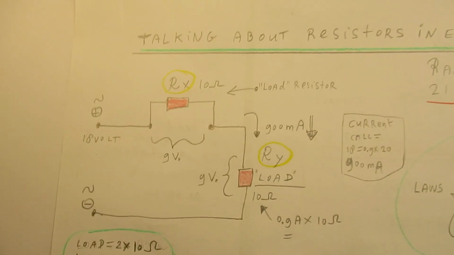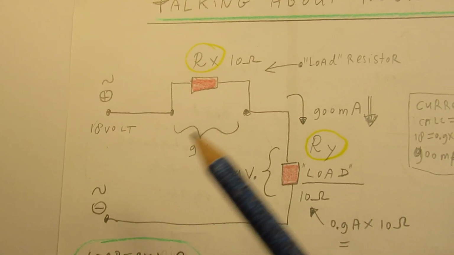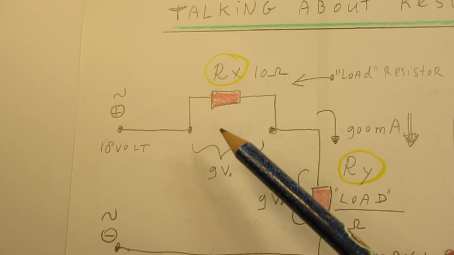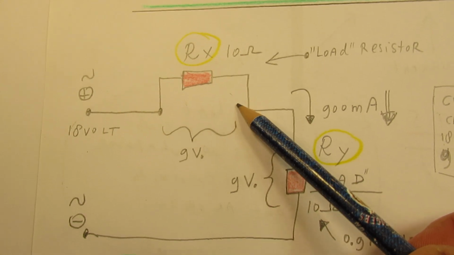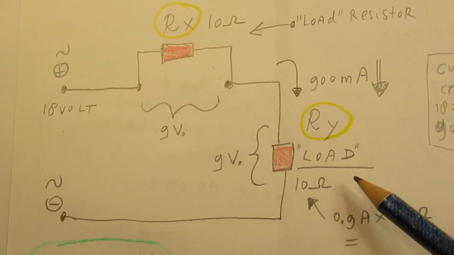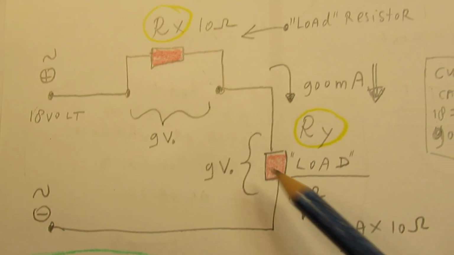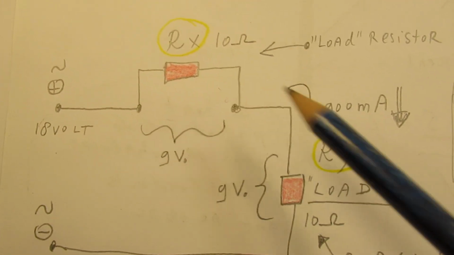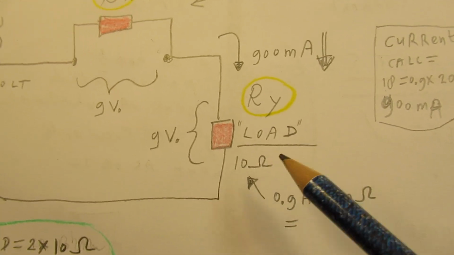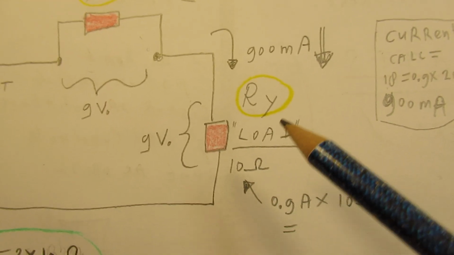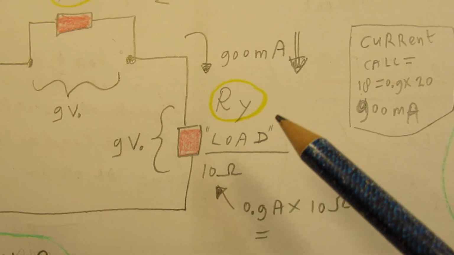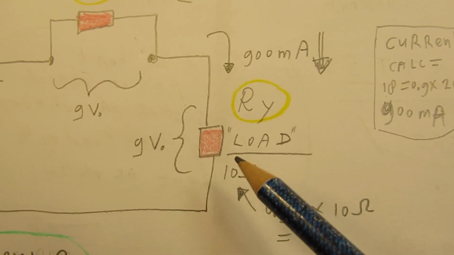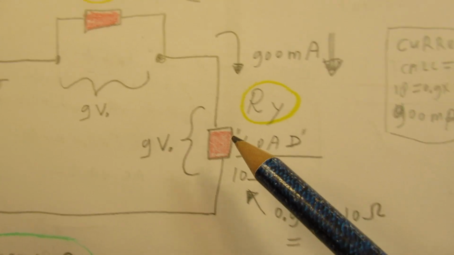Here is the most basic circuit that you can get. 18 volts here, a resistor of 10 ohms here, a load resistor of 10 ohms here. Say this is the resistor that precedes the load. That load can be everything, a kind of electronic circuit or another electronic circuit.